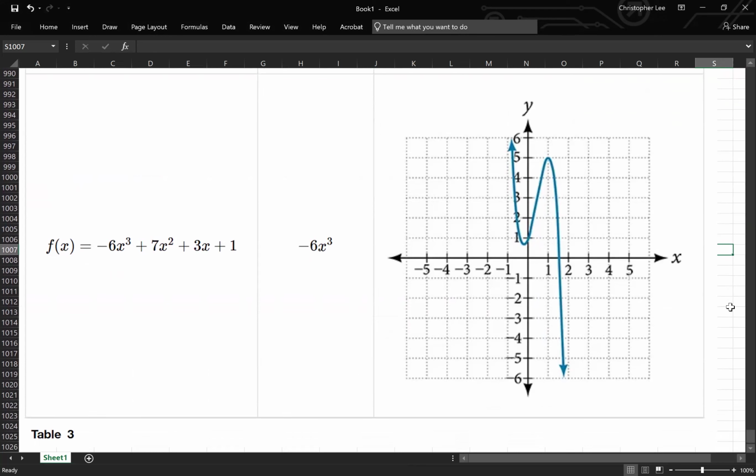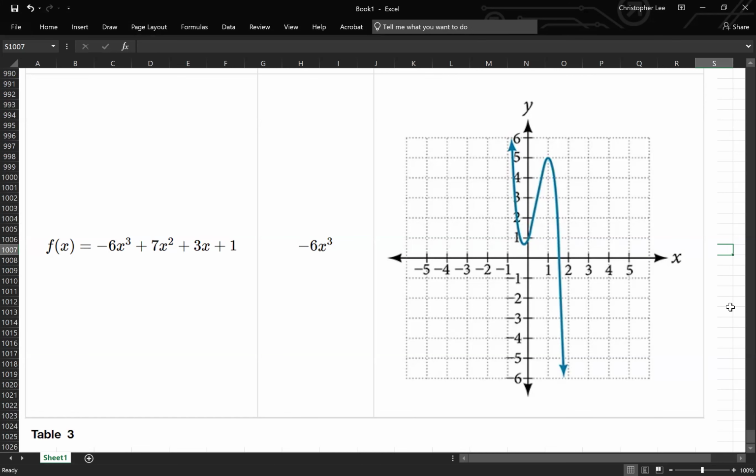So here goes another polynomial. I have f of x is equal to negative 6x to the third power plus 7x squared plus 3x plus 1. My leading term is negative 6x cubed. So what do I know about that? The coefficient in front is negative, so you already know what's going to happen. We're going to flip it.